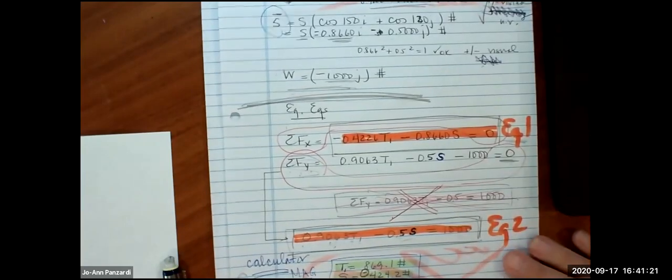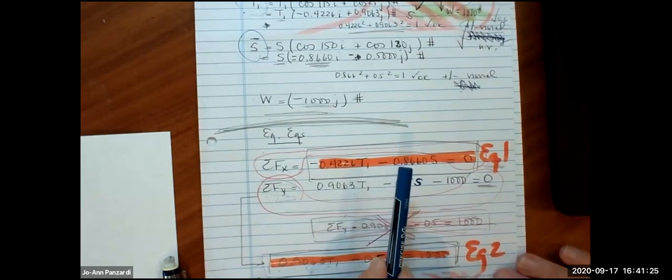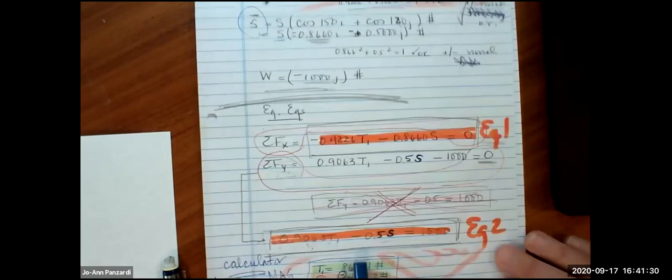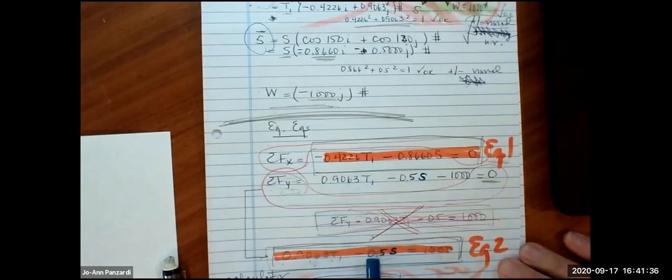Okay, and there are two ways in the calculator. Well, certainly mathematically, how can I solve this? You guys know this from algebra. You isolate one variable, you shove it into this equation, you solve for S, then you go back in here and find T. Okay, so you could do it mathematical if you want. Two equations, two unknowns.